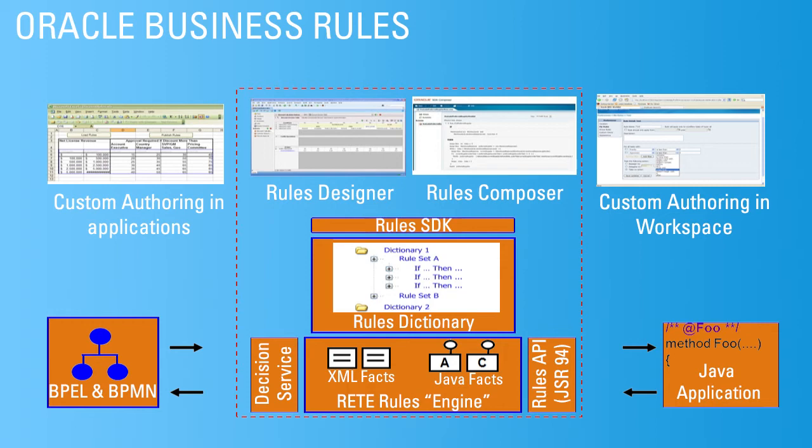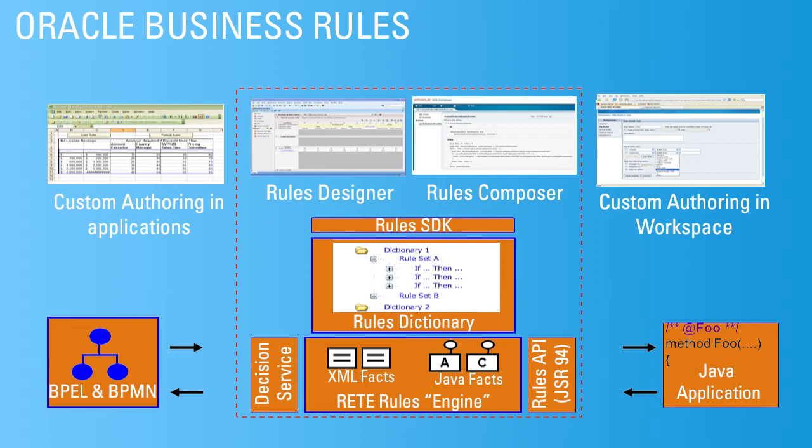We actually have two styles of authoring that are out of the box, inside the dotted red box, and we provide them out of the box to the end users. One we call a rules designer, and this is a part of JDeveloper, the IDE. So it's a desktop application that you can use to author rules.